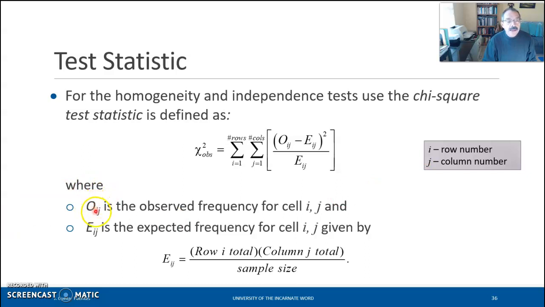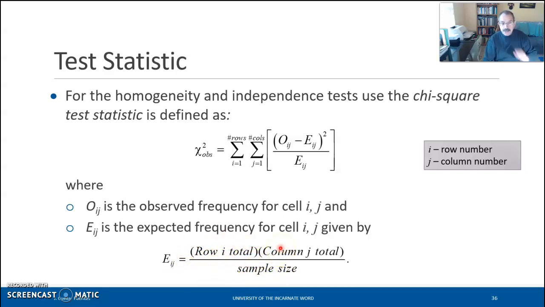So the O_ij is the observed frequency for the cell i, j. Again, i and j will be numbers. And the expected count for the cell ij is given by this equation. We're going to multiply the row i total times the column j total and divide that by the sample size, so the total number of observations in the contingency table. That's how we're going to calculate the expected values.